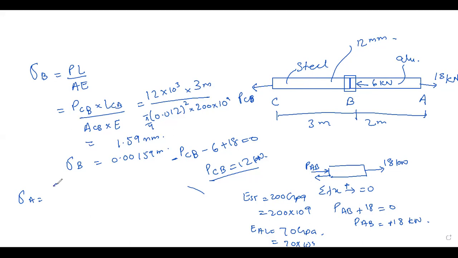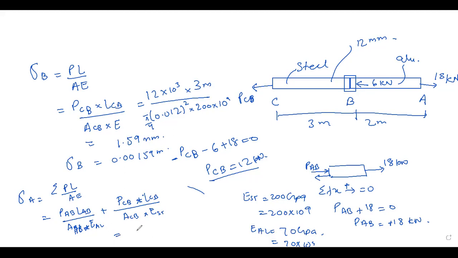So our equation will be the summation of PL over AE: PAB times LAB divided by AAB times the modulus of elasticity of aluminum, plus PCB times length CB divided by ACB times the modulus of elasticity of steel. We already calculated these, so we just put the values here and get the answer.